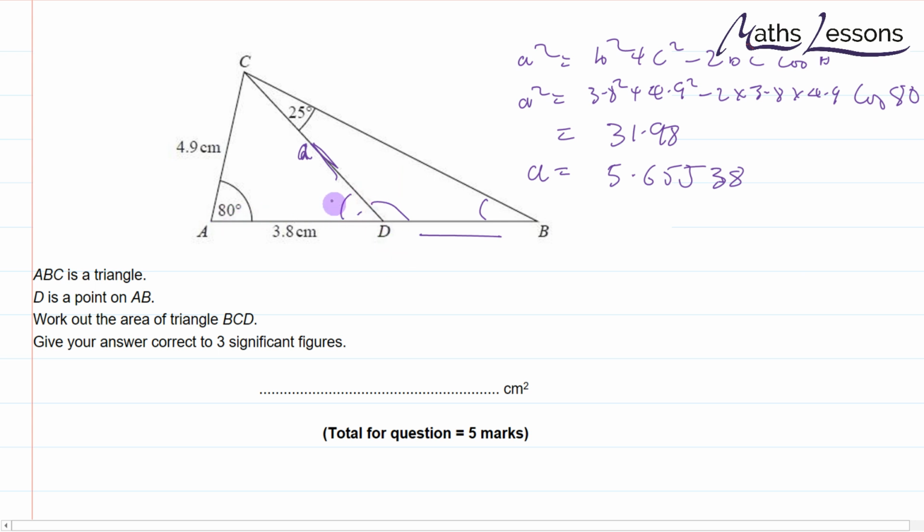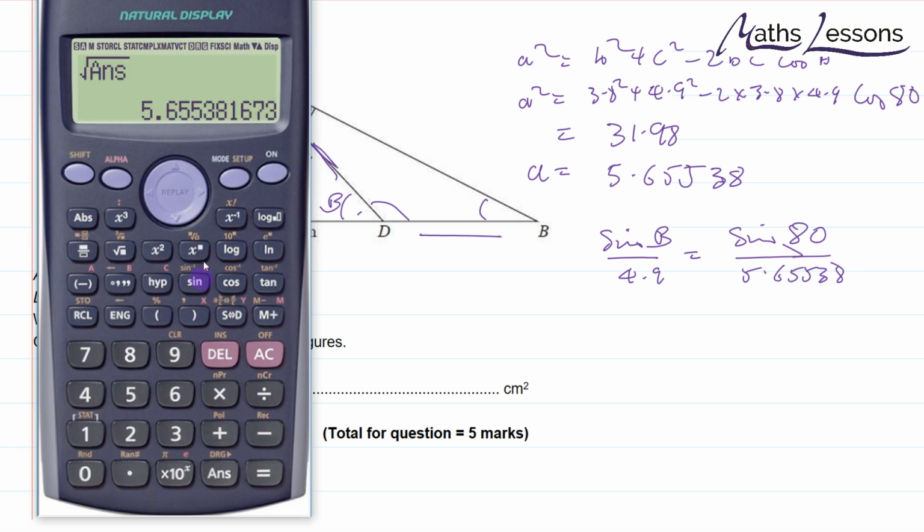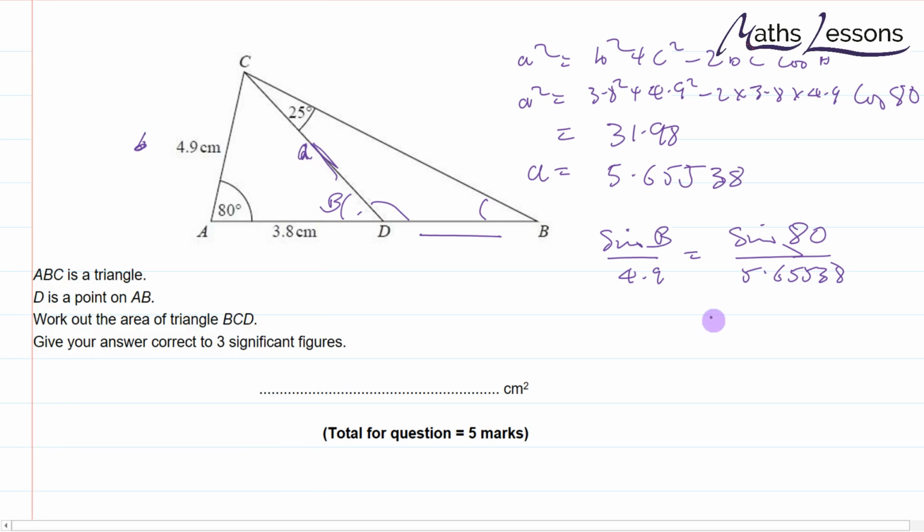So should we call this B and this B? So therefore we know that sine B over 4.9 will equal sine of 80 over 5.65538. So I will do sine of 80 divided by my previous answer, then times by 4.9, and that gives me 0.853.